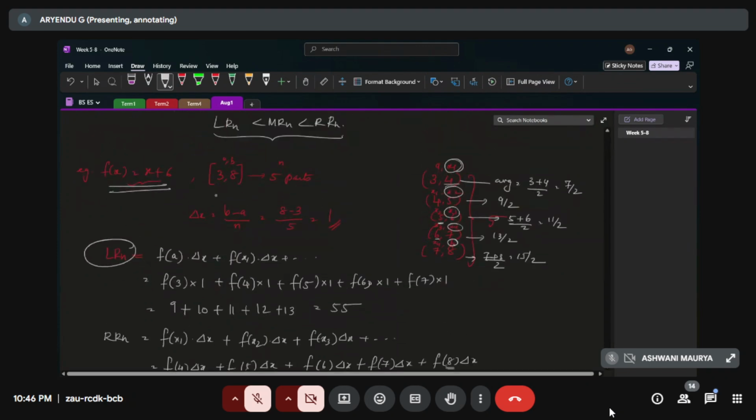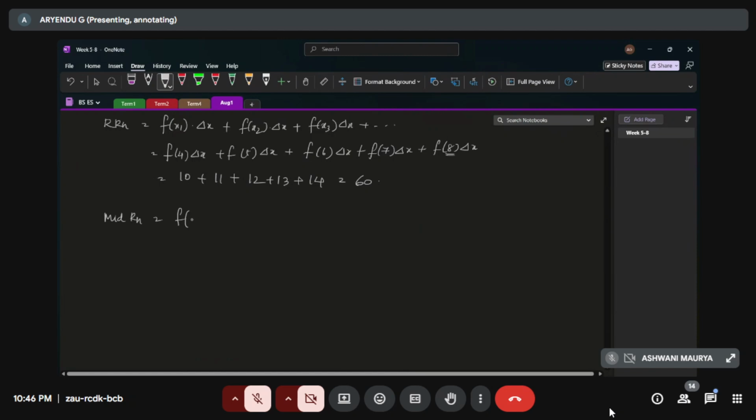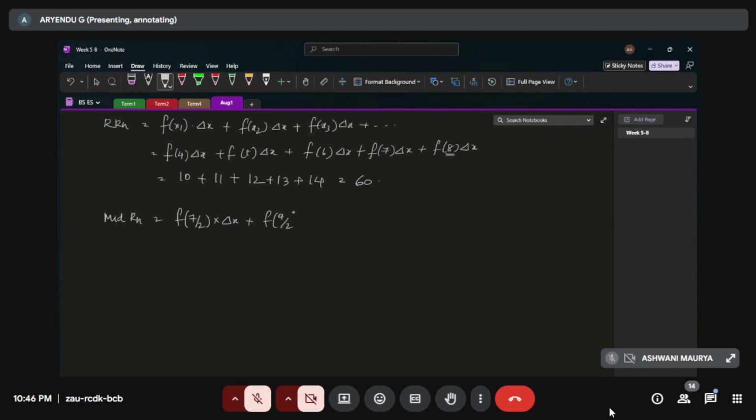So f of 7 by 2 into delta x plus f of 9 by 2 into delta x plus f of 11 by 2 into delta x plus f of 13 by 2 into delta x plus f of 15 by 2 into delta x.